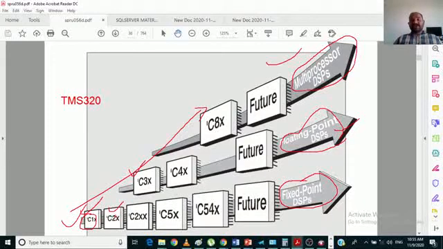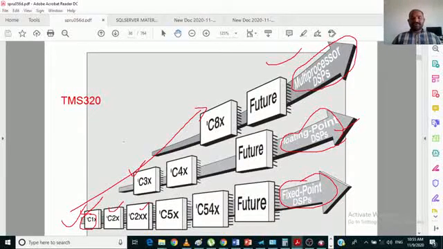Whatever programs are written for the C2X could be executed by the C2XX. So the newer series execute the older versions' applications too. That is the advantage of this TMS 320 family series coming from Texas Instruments.